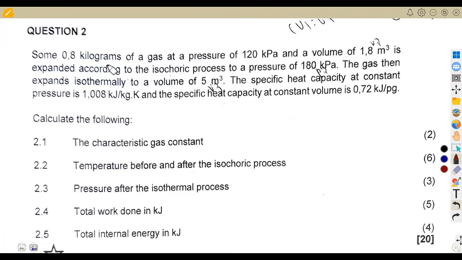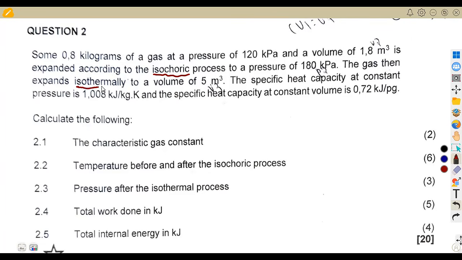We are given 0.8 kilograms of a gas at a pressure of 120 kilopascals and a volume of 1.8 cubic meters, expanded according to the isochoric process, whereby you're talking about having a constant volume, which is also referred to as the isometric process. Then the gas expands isothermally.